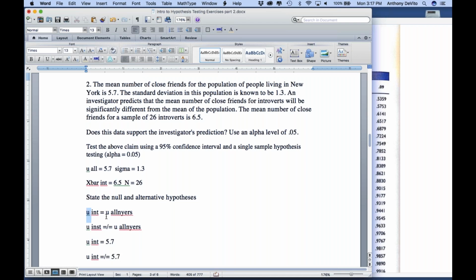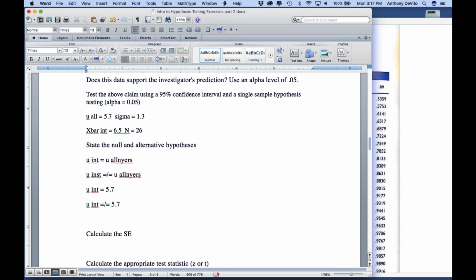See, those two things are the same thing, right? Because I know what the mean for all New Yorkers is. That was given to me for the population of all New Yorkers. Everybody comfortable with that? I'm saying the same thing in both. Anybody uncomfortable with that?